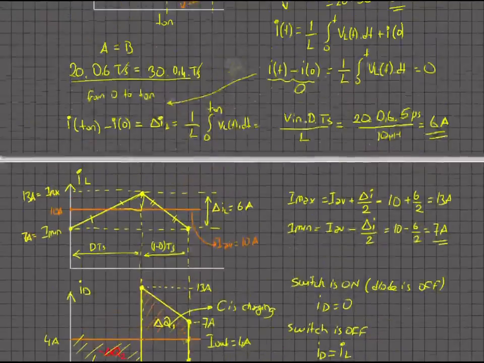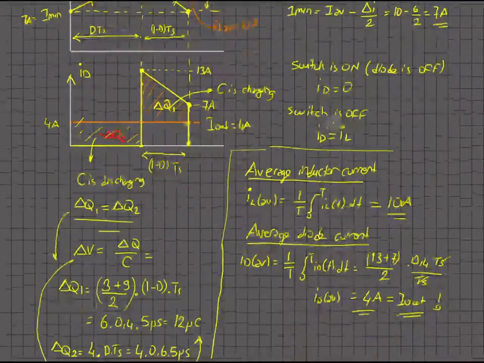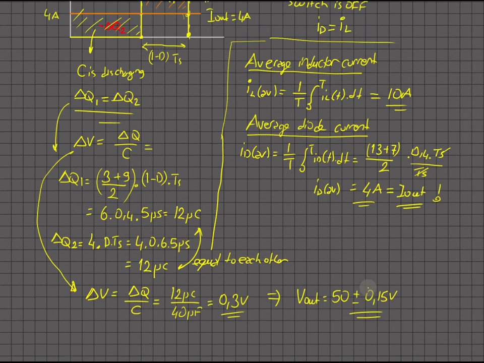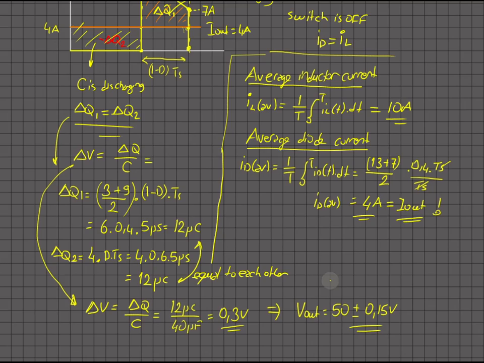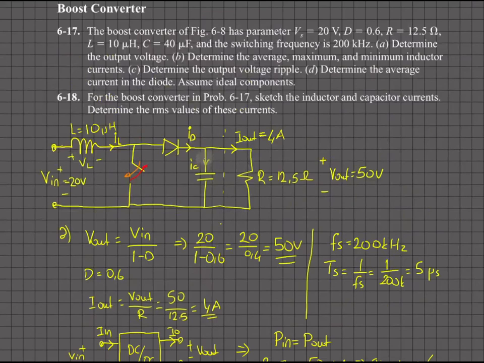So the output voltage is 50 volts, and our ripple voltage is 0.3 volts. So actually the output voltage is like 50 plus minus 0.15 volts, okay. If you think about it, it is like 3% ripple, so it can be negligible, and that is why during charging time we assume that voltage to be constant, and the inductor is charged or discharged linearly.